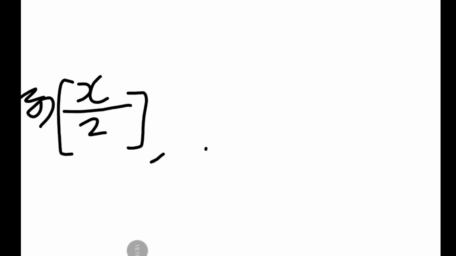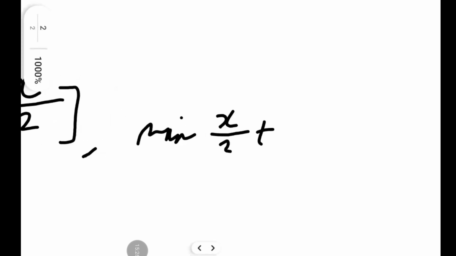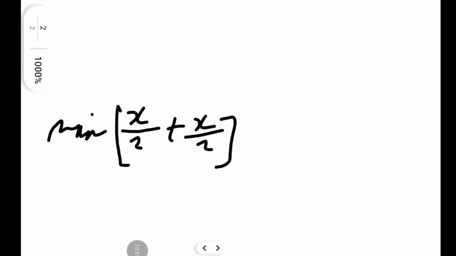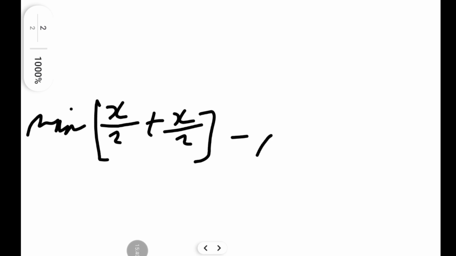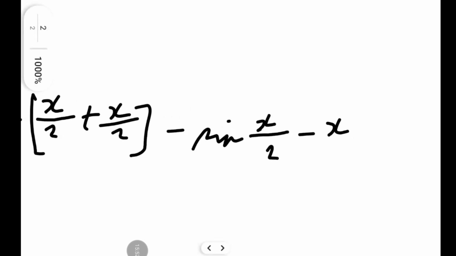You can write it like this: sine of x over 2 plus x over 2, and it's going to be rewritten as minus sine of x over 2 minus x over 2, like that.